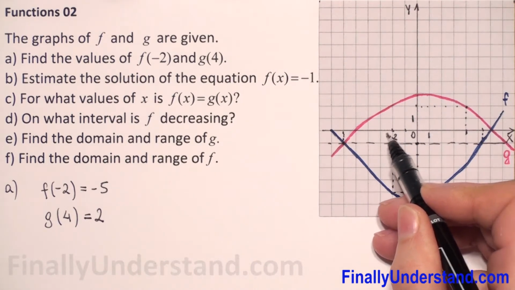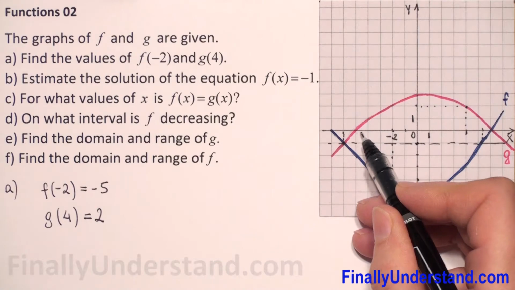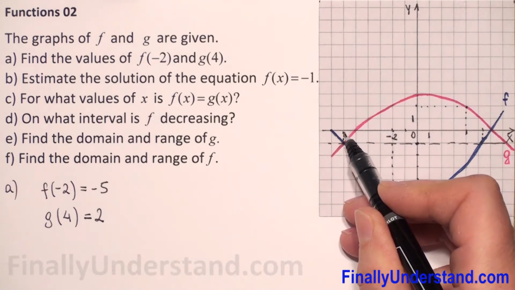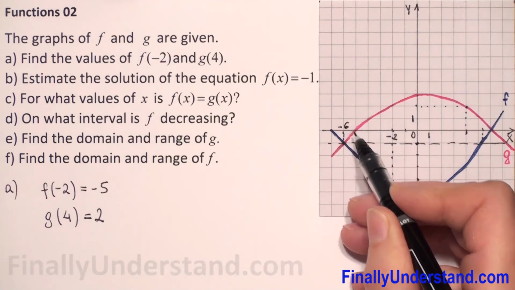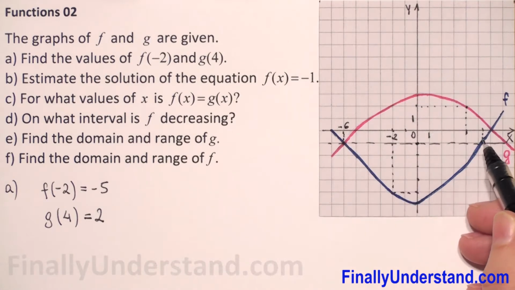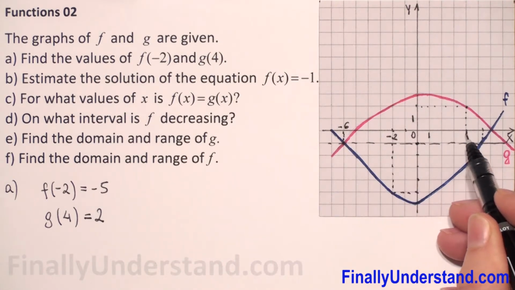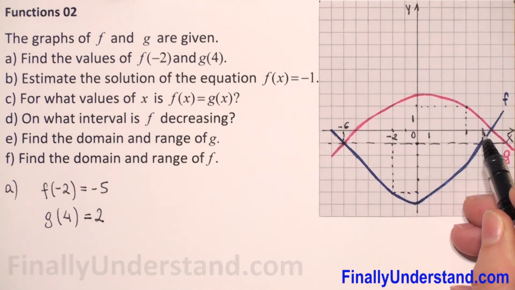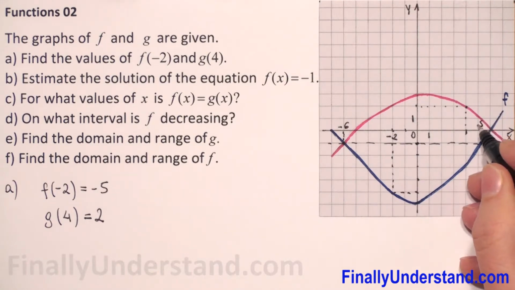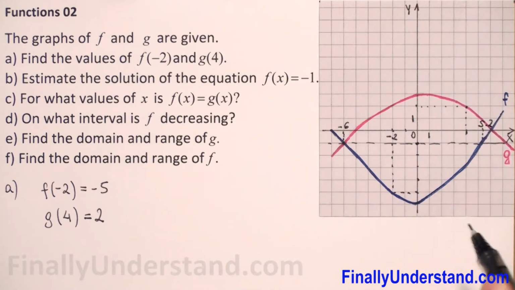We have negative 1, negative 2, negative 3, negative 4, 5, 6. This is negative 6. And this point will be 1, 2, 3, 4, 5, and we can say 5.2 almost.